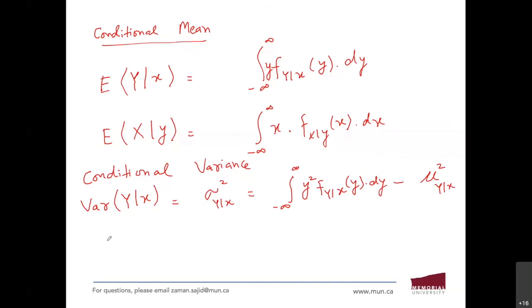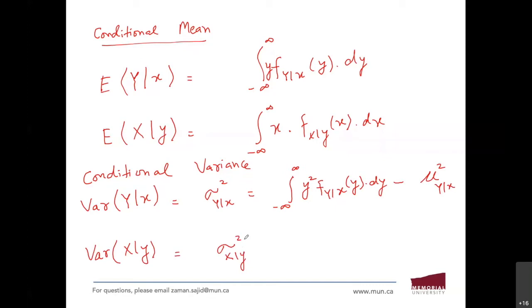On a similar note, we have the conditional variance for x given that y. This is sigma squared of x given that y.